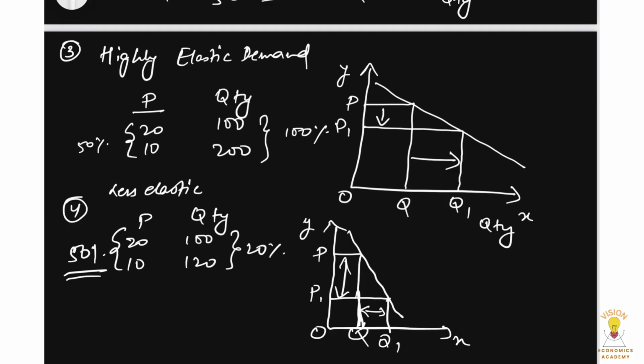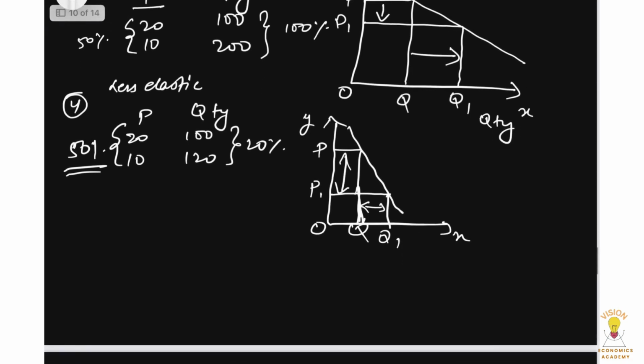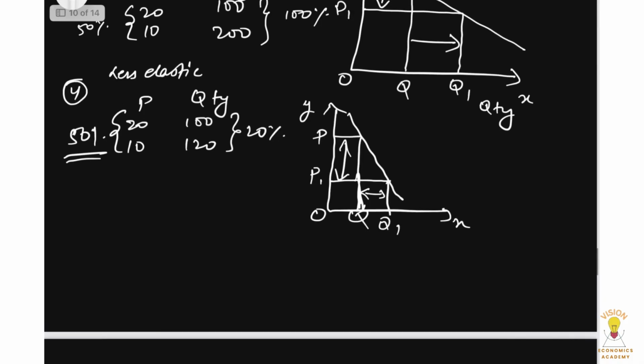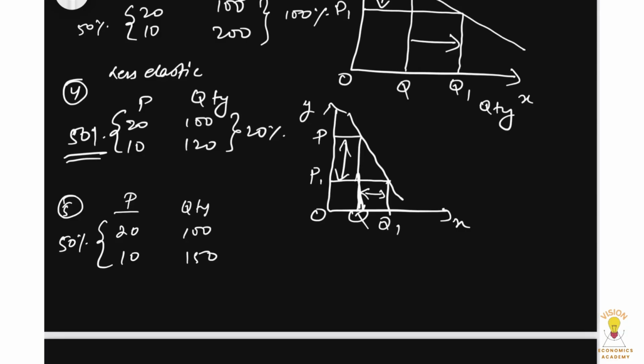And the final one is unitary elastic, wherein the price is changing from 20 to 10 and quantity demanded is from 100 to 150. Here price changes by 50%, quantity also changes by 50%.